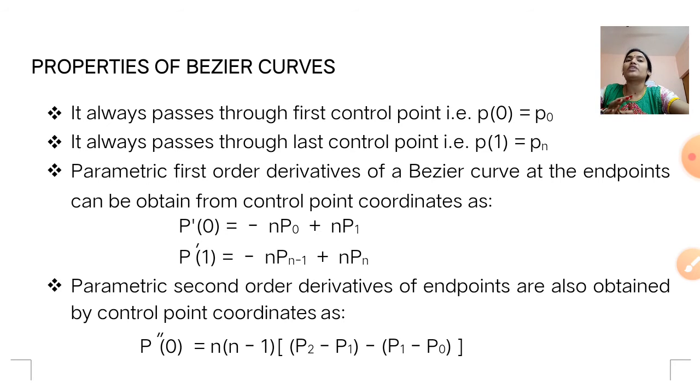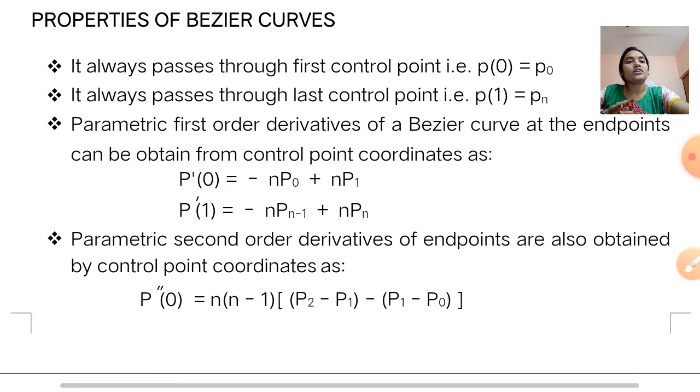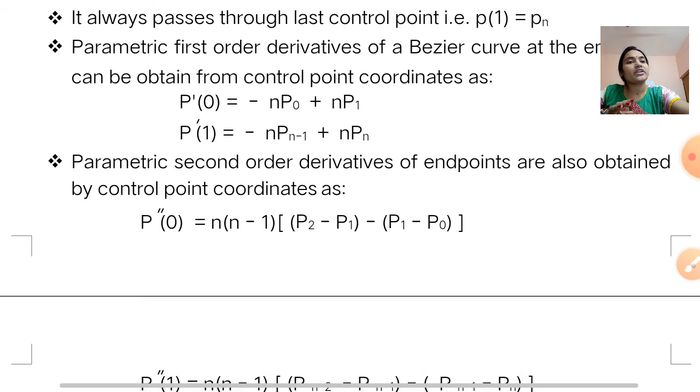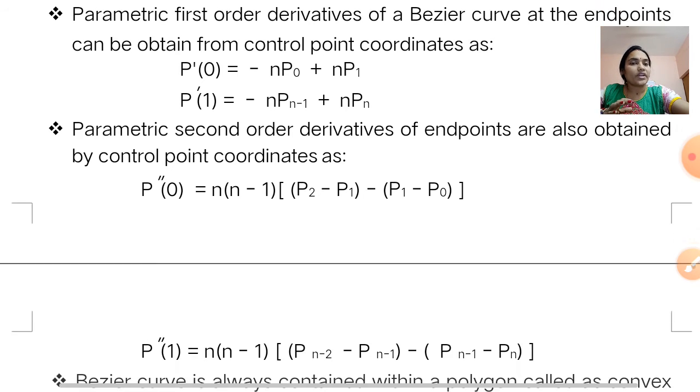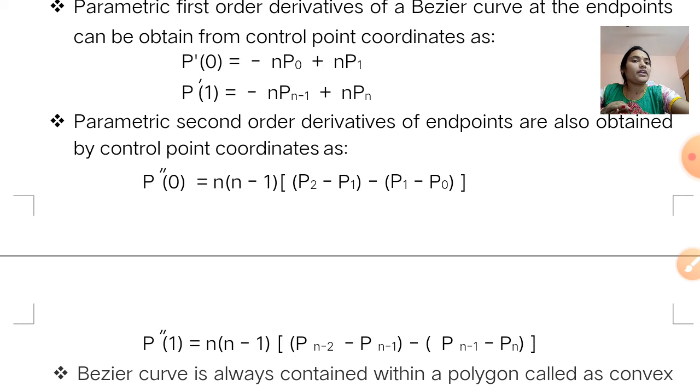Then we can also calculate the parametric second order derivatives. Parametric second order derivatives of endpoints are also obtained from control point coordinates as P''(0) equals n into (n-1) into ((P2 minus P1) minus (P1 minus P0)).